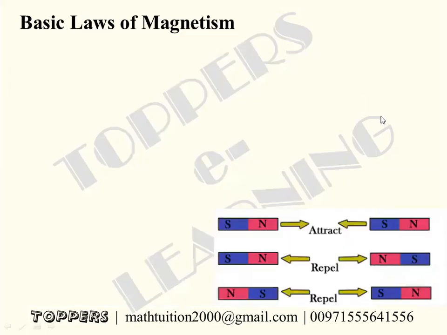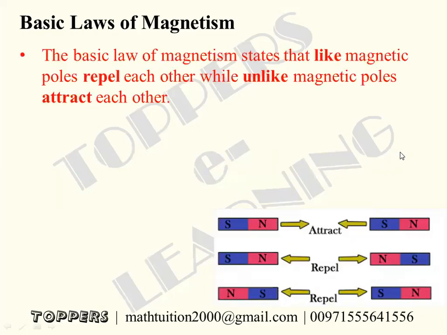Now, the basic law of magnetism. The basic law of magnetism states that like magnetic poles repel each other, while unlike magnetic poles attract each other. So like poles, the same poles, repel.